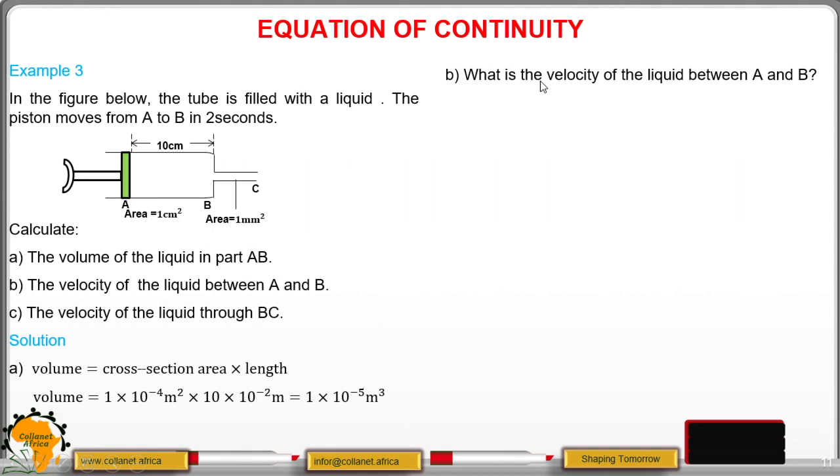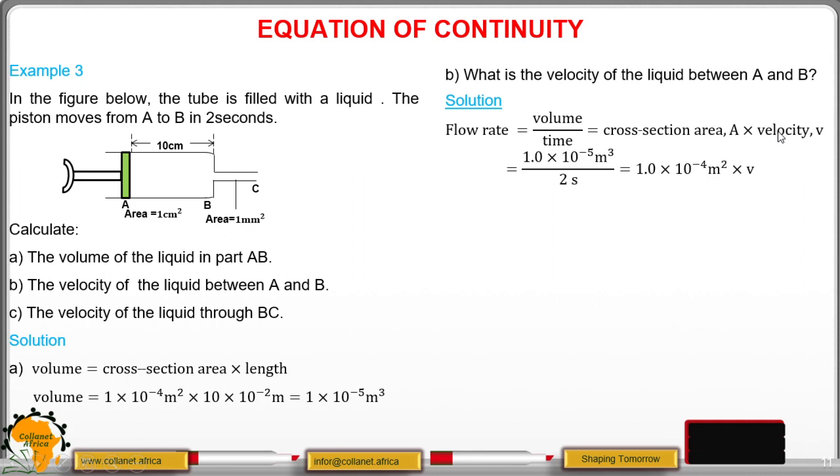Part B, what is the velocity of the liquid between A and B? The solution is this one. We know that the flow rate is equal to volume over time. And volume, how do you get volume? It is cross-section area times velocity. So we will have this.